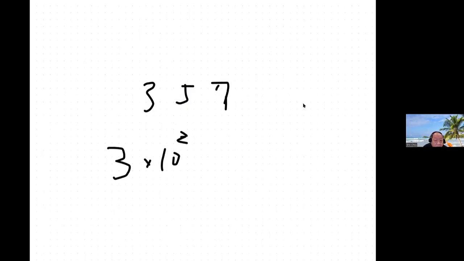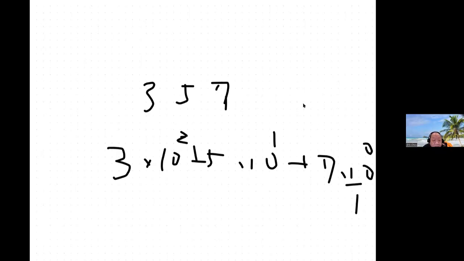When you have a number 357, 357 equals 3 times 10 to the power 2, plus 5 times 10 to the power 1, plus 7 times 10 to the power 0. 10 to the power 0 is 1, okay? So this is what we call a number system.